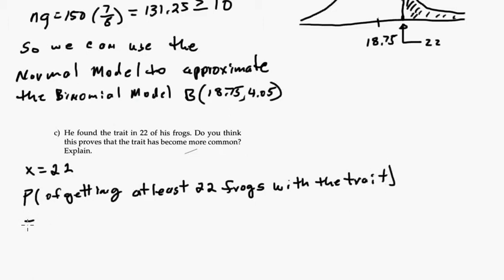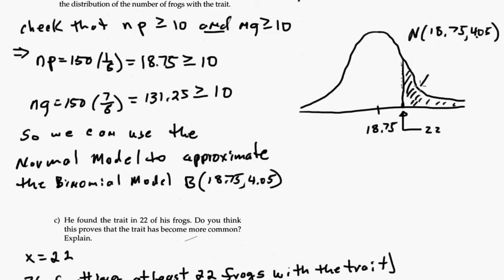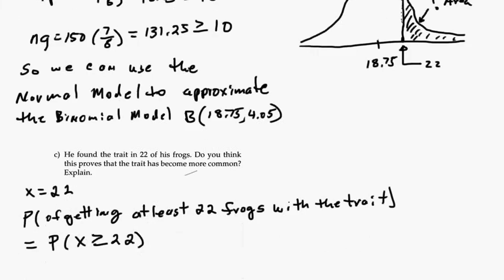Mathematically, we could say, what's the probability that x is greater than or equal to 22? That's what we would like to know. And from the normal model, that is this area. That's what we'd like to find.